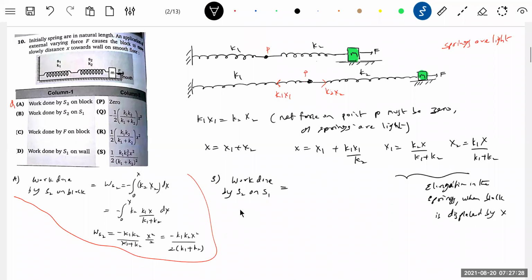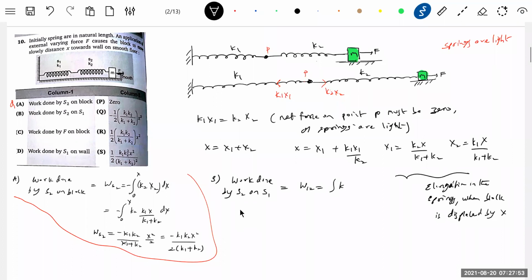Okay, this will be W12, I'll write the symbol. What is the spring force here? k2 x2, and it will make the point P undergo displacement x1, and in turn k2 x2 is equal to k1 x1 we have here.